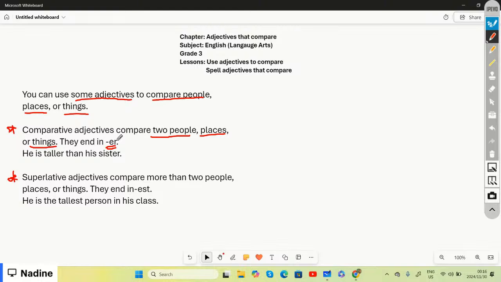If we look at an example of comparative adjectives, let's say we say he is tall. So we know that he's tall.